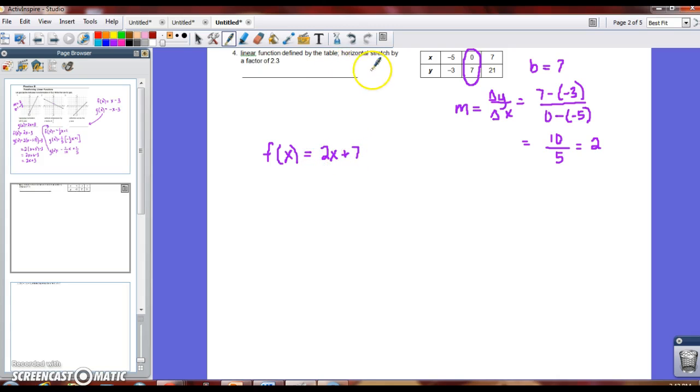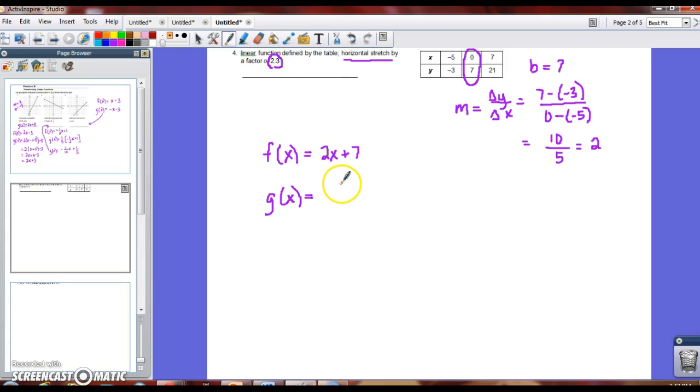That's my starting point. And now I need to do this horizontal stretch by a factor of 2.3. With a horizontal stretch, all you're doing is taking that x value and replacing it with the reciprocal of that scale factor.